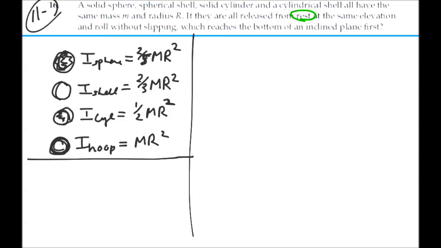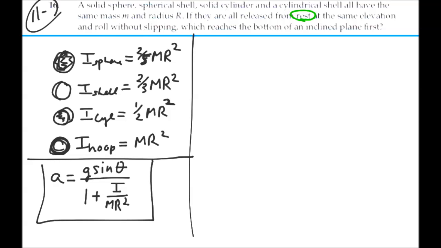And then previously we found that in general the linear acceleration of these objects going down the incline will be equal to g sine theta over 1 plus the moment of inertia divided by mr squared. So that is going to be our formula in general.